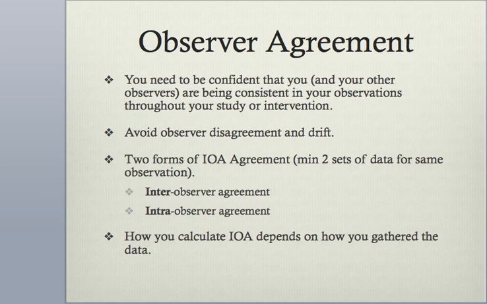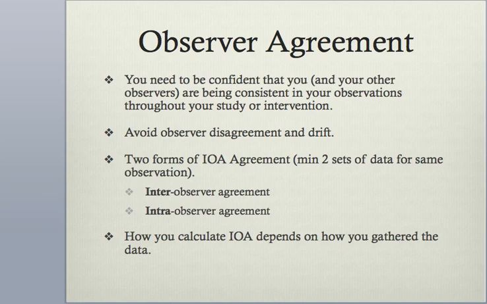And something that we call observer drift, where at the beginning of a treatment, we're applying our operational definitions one way, but as we get deeper and deeper into the intervention, our definitions in our heads shift a little bit. We want to avoid both of those. We want to be consistent from the beginning of the study or the intervention all the way to the end, and we want to make sure that everyone who's gathering data is using those definitions in exactly the same way.